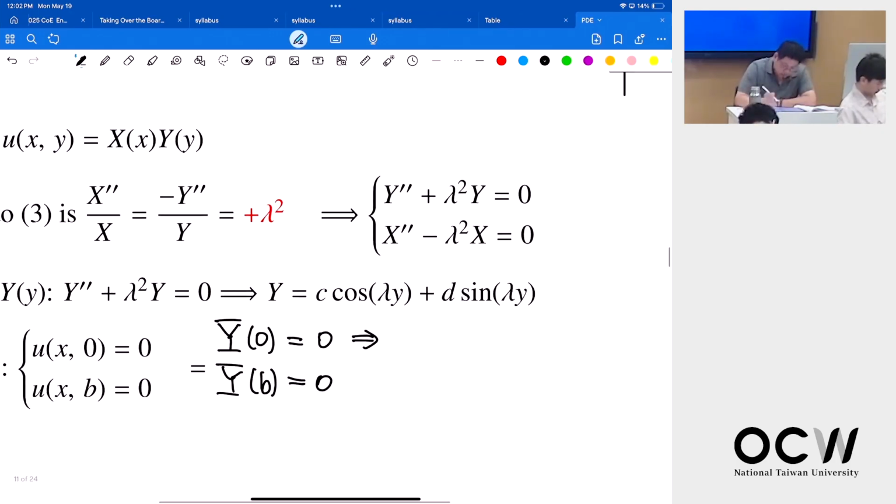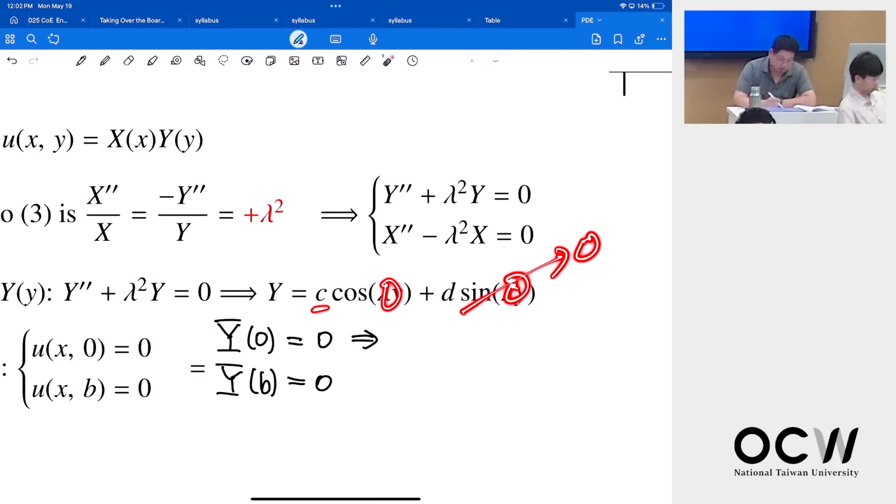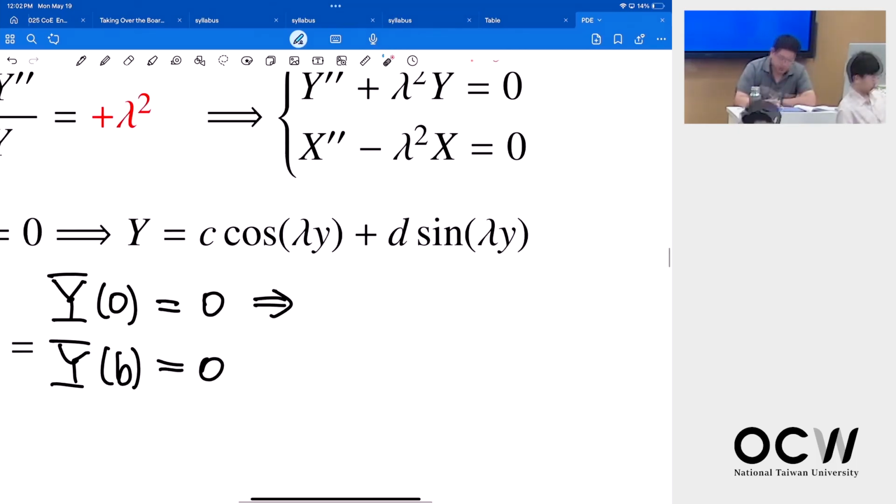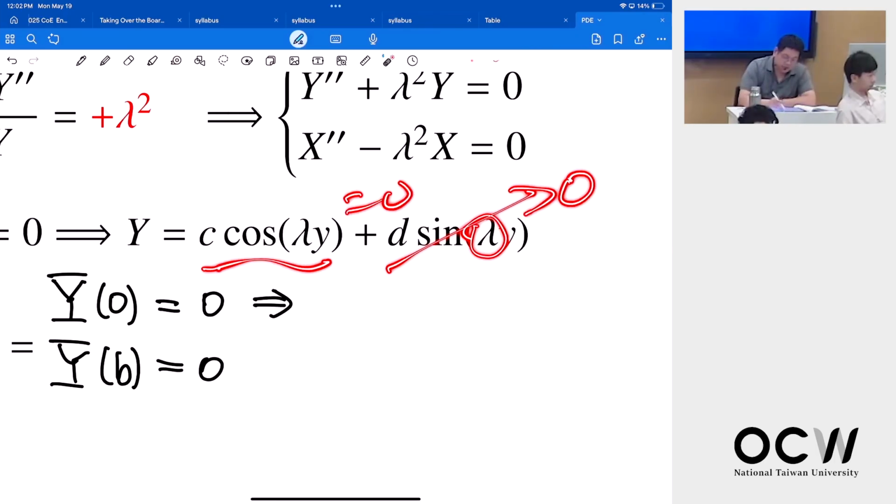So Y of 0 equals 0. Sine 0 equals 0, so my C should be 0, right? So this one should be 0, so C should be 0.